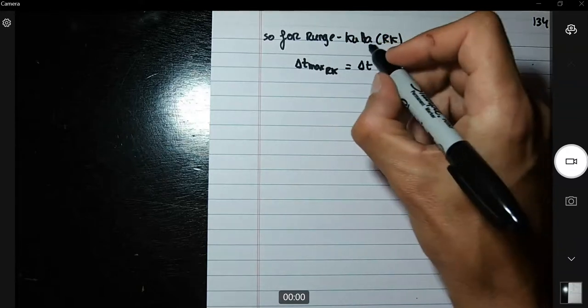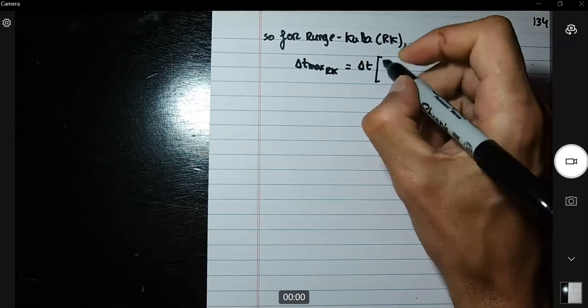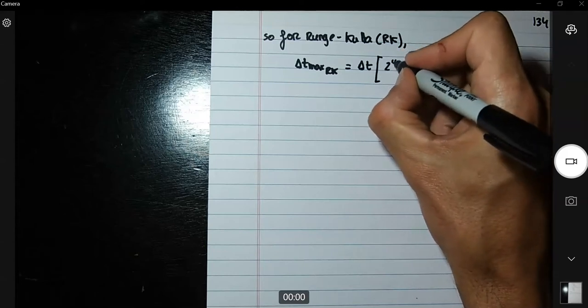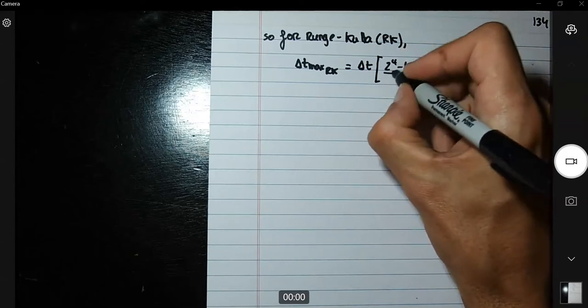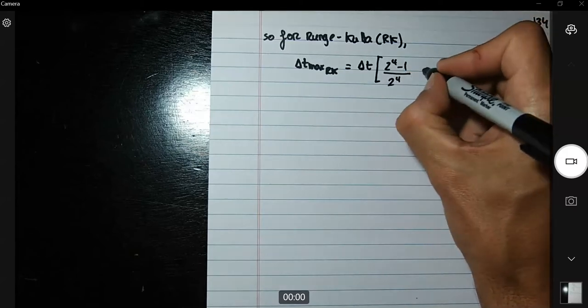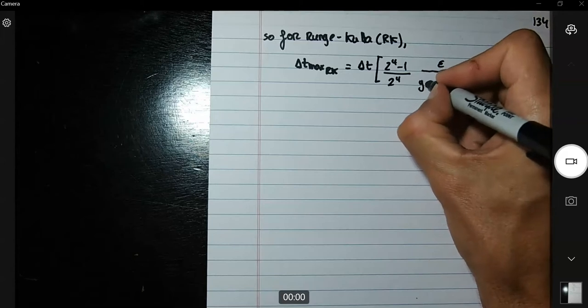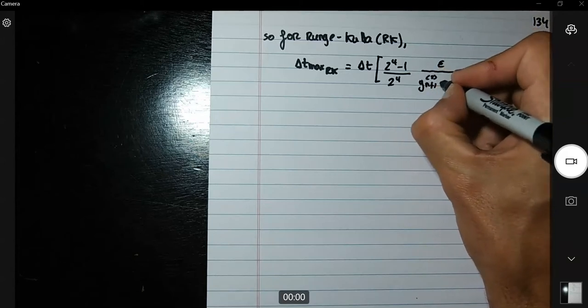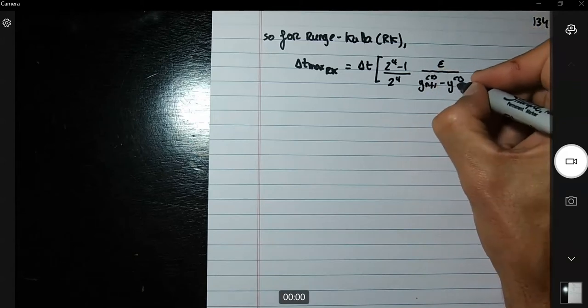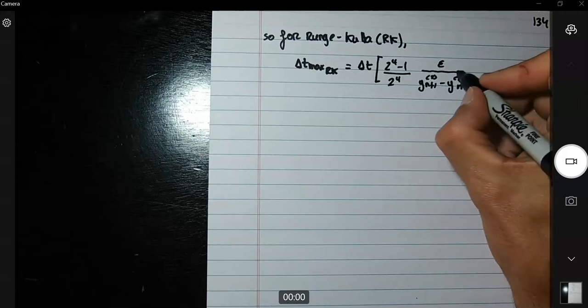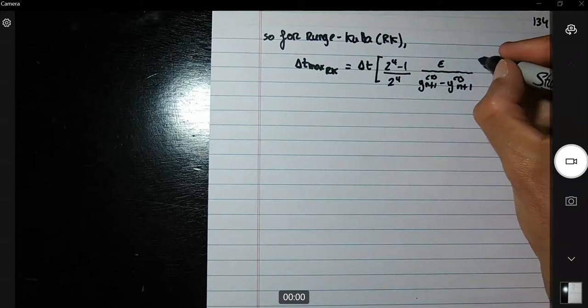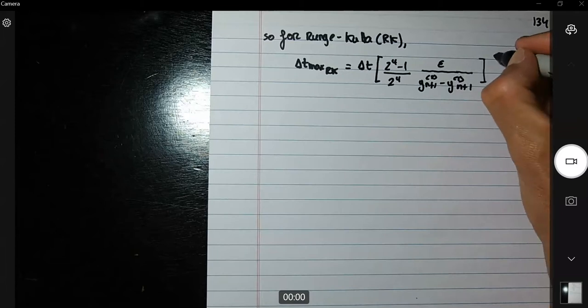Delta T over 2 to the 4 minus 1 divided by 2 to the 4 times epsilon over y n plus 1 at 2 minus y n plus 1 at 1, to the 1 over 1 plus 4.